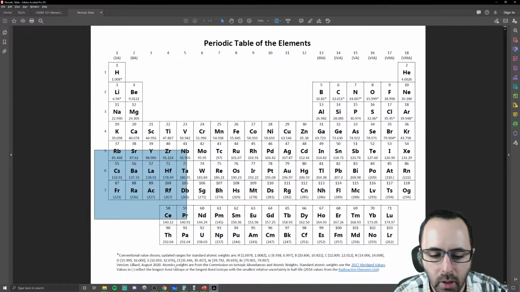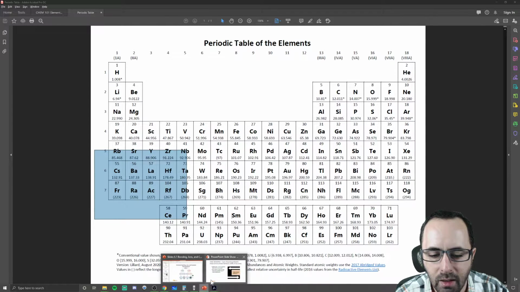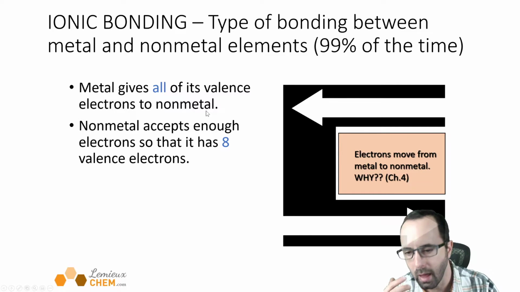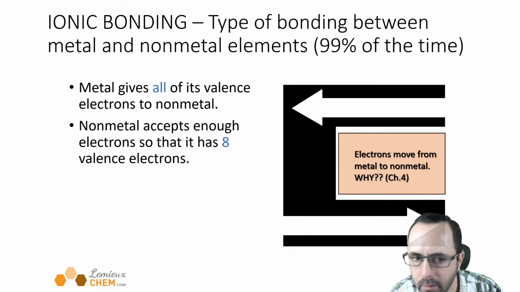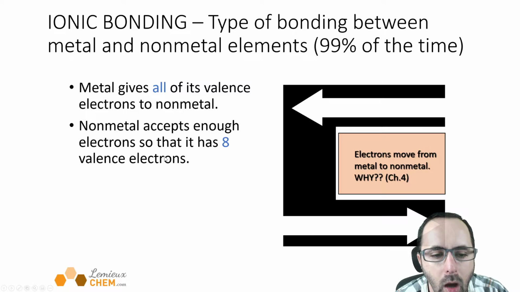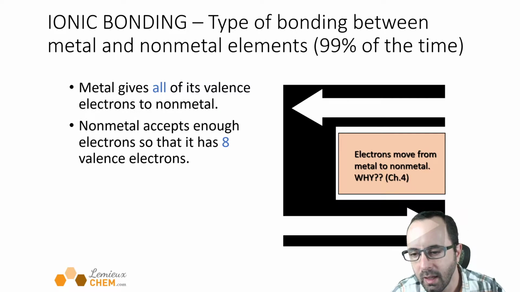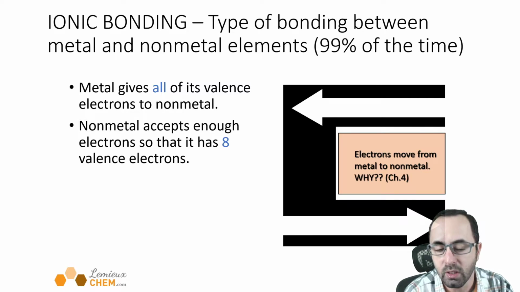And the metal atom won't put up much of a fight because the metal atoms don't pull on their electrons very strongly. So when a metal atom and a non-metal atom encounter one another, the metal atom will give all of its valence electrons to the non-metal atom. And the non-metal will then accept the electrons. And there's going to be a key way in which this happens.